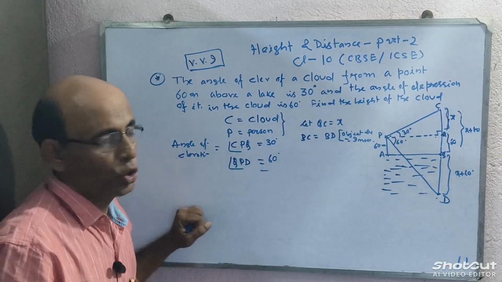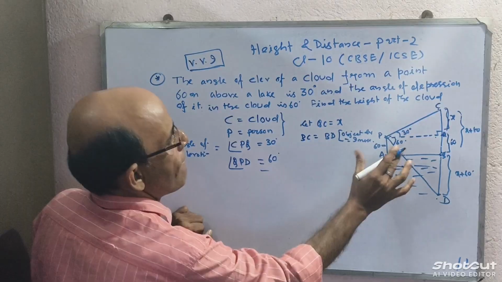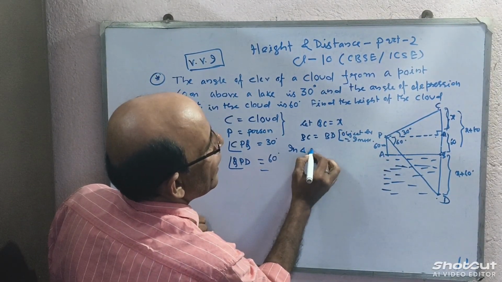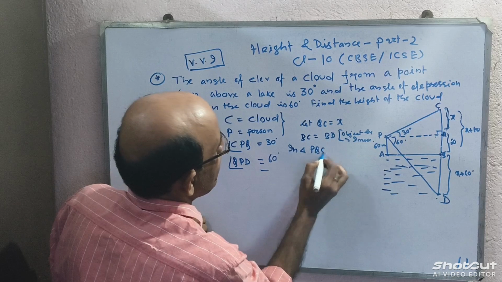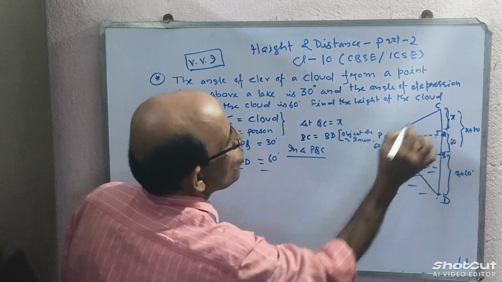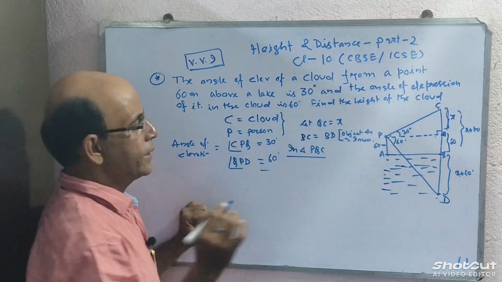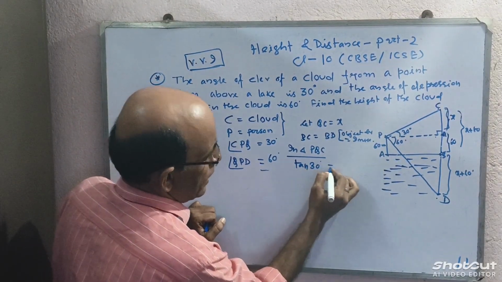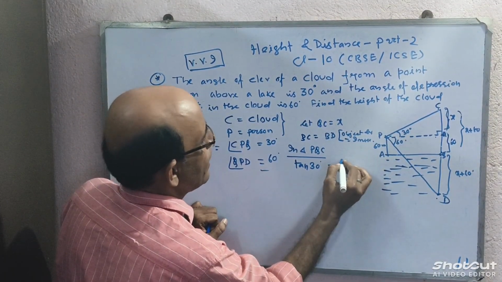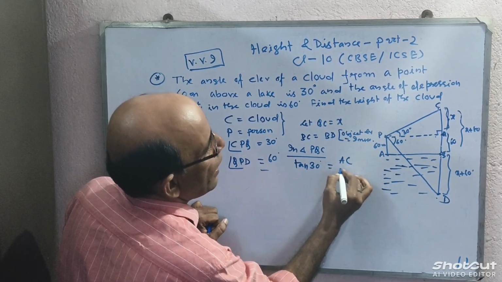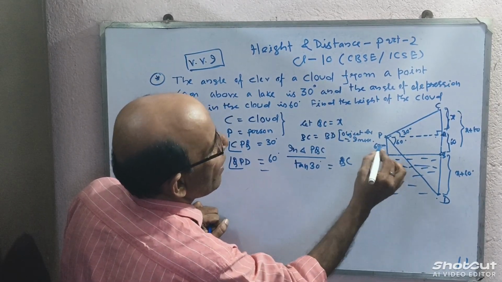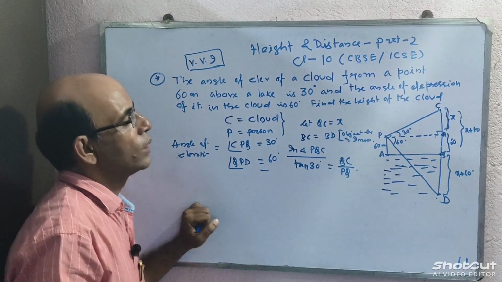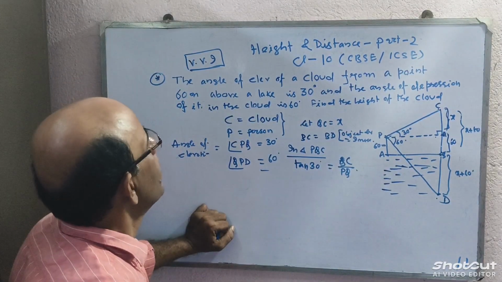এখন অঙ্কটা সলভ করতে হবে। You have to solve this sum. In triangle PQC, tan theta, tan 30 is equal to QC by PQ.